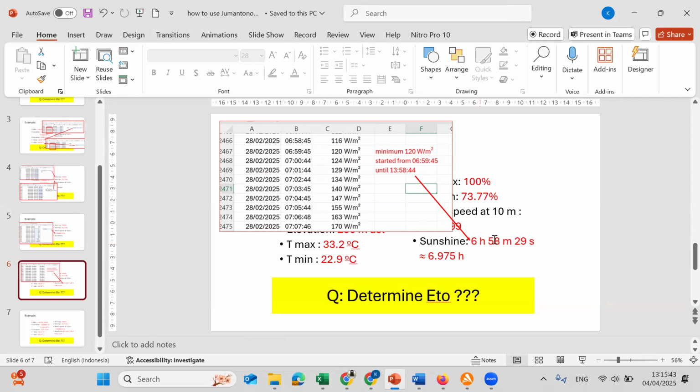Calculate 6 hours, 48 minutes, 29 seconds, and convert them all to hours.